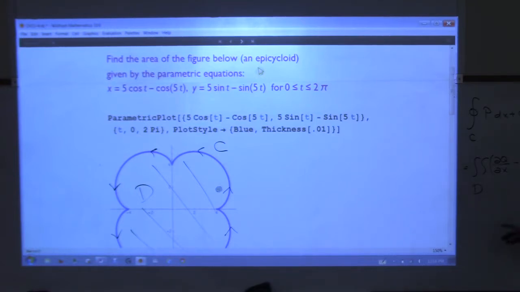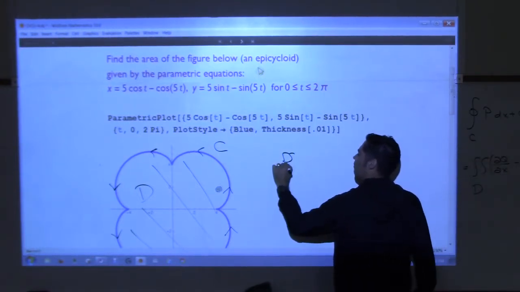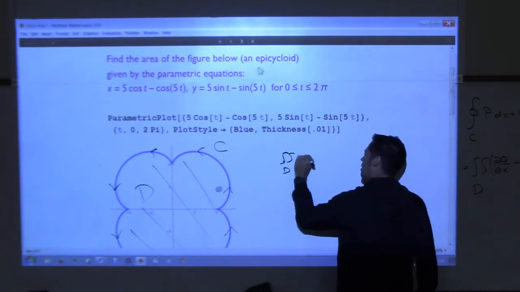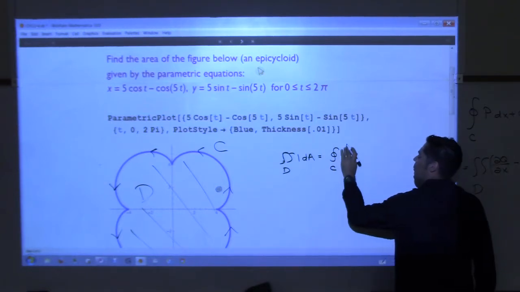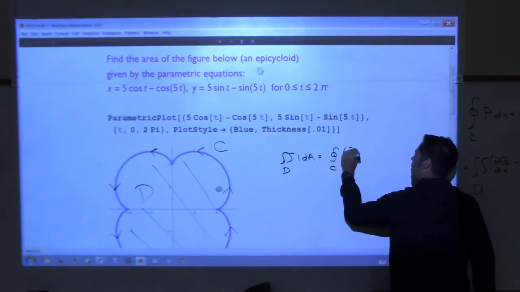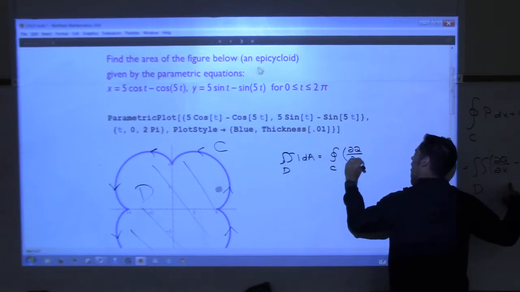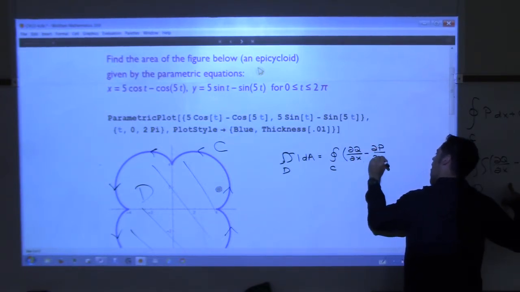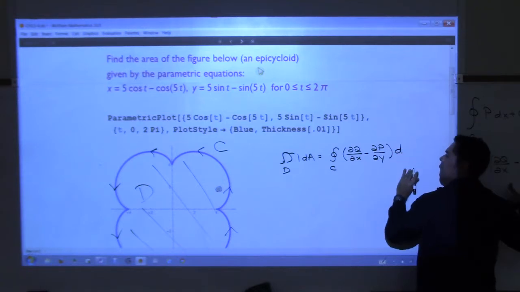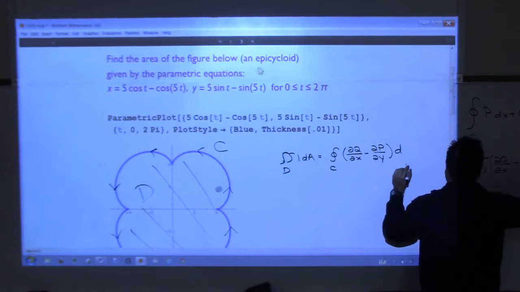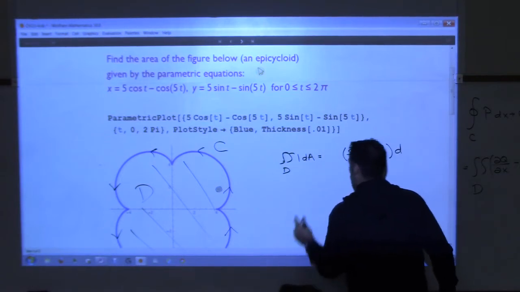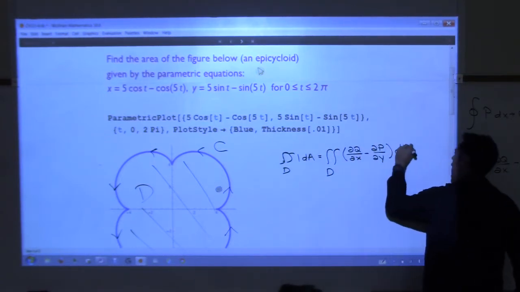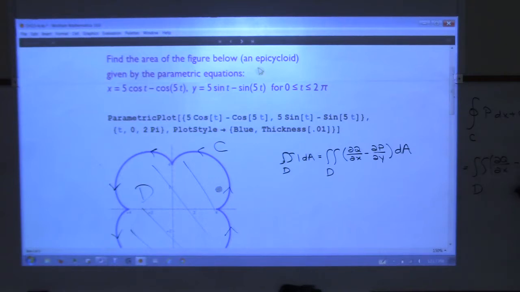And so the area is the double integral over D of 1 dA, but that should be equal to the line integral over the closed curve C of partial, so I'm using this right here, q with respect to x, minus partial p with respect to y, d, what am I doing here? Wait a minute, what am I doing? I don't know why I did that, not ready to go to a line integral yet. Double integral over D, dA. So I'm rewriting this one.